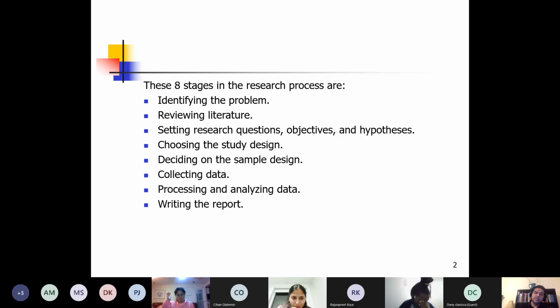And you need also to think about the option, are you going to use any primary sources at all, or you are only going to use secondary sources? Okay? Deciding on the sample design. So now we finished one, two, three, four. So now I'm in five, deciding on the sample design.